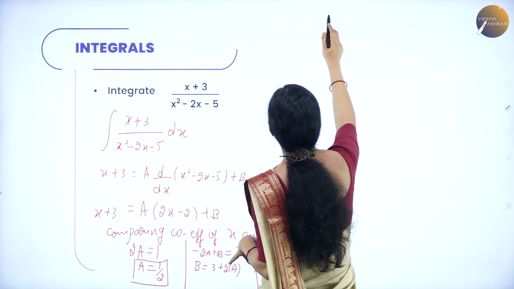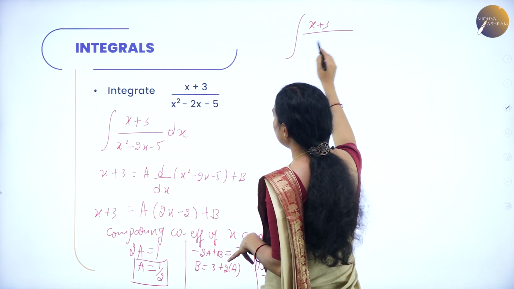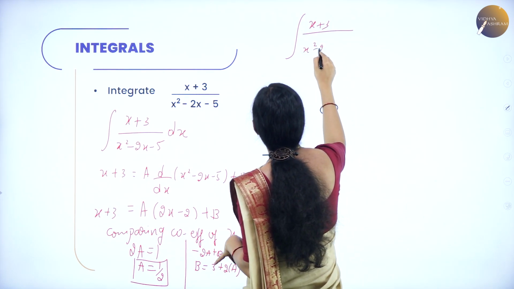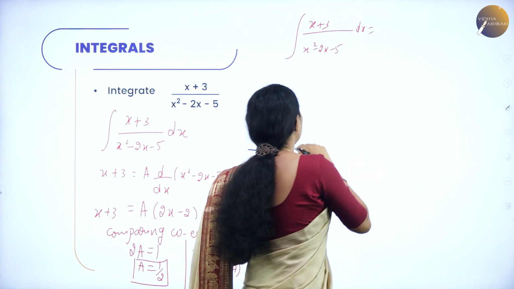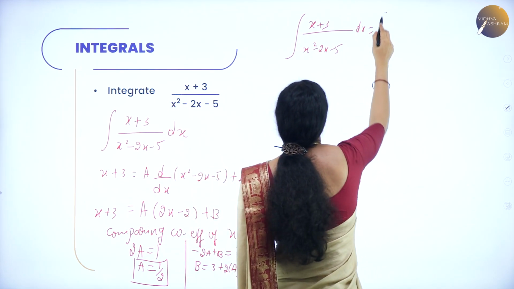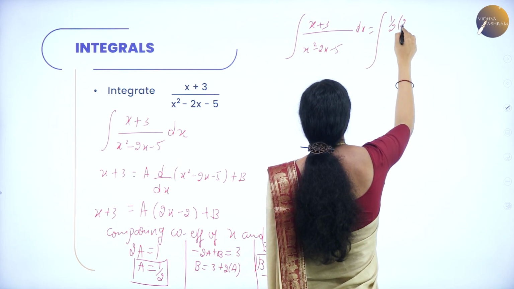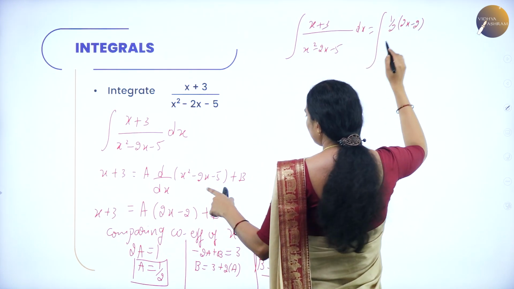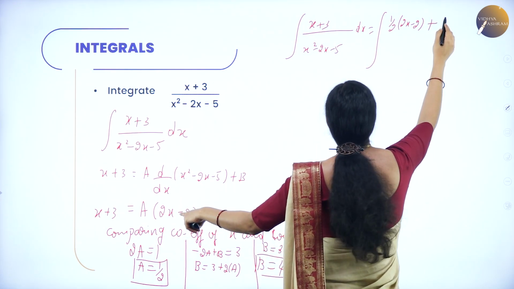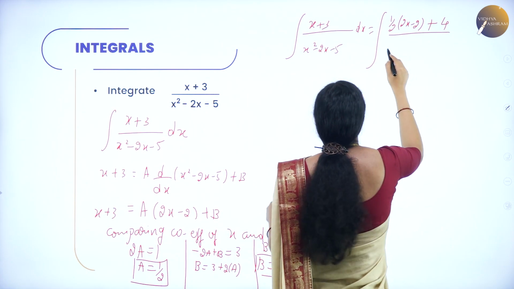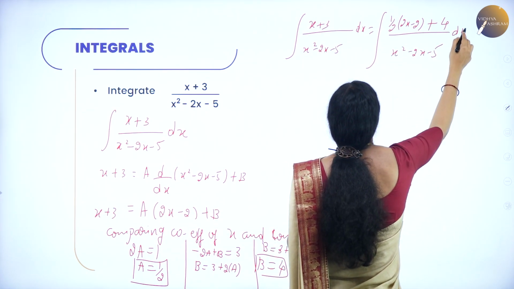Now substituting, you are going to get integral of x plus 3 divided by x squared minus 2x minus 5 dx as integral of a, which is 1 by 2, into d by dx of 2x minus 2. This I am substituting. Please observe, dear students. Plus b, b is nothing but 4, divided by x squared minus 2x minus 5 dx.